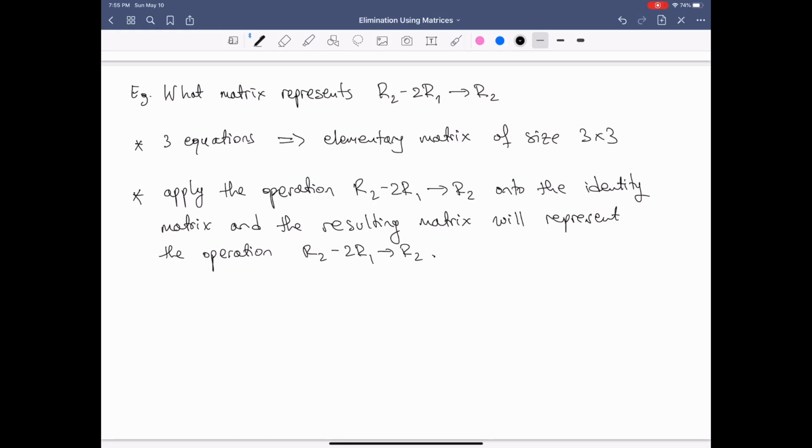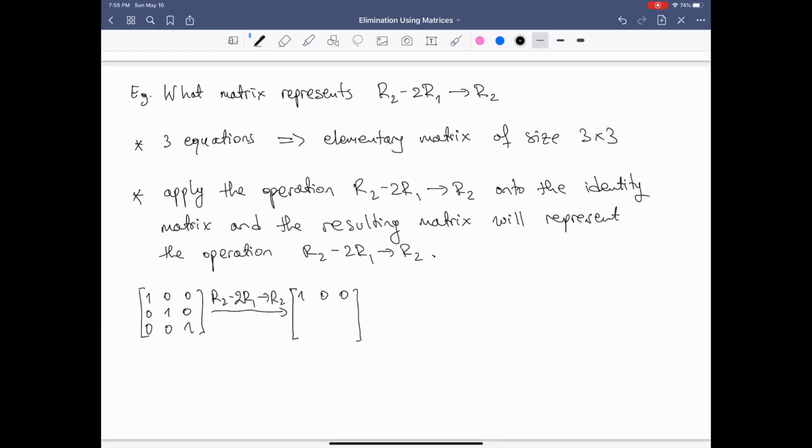We start with the identity matrix 1, 0, 0, 0, 1, 0, 0, 0, 1. We apply this operation R2 minus 2R1 into R2, and we obtain this new matrix. So the first row stays the same, 1, 0, 0.